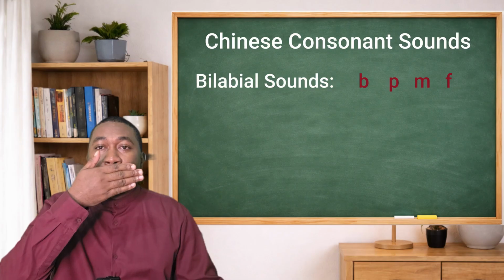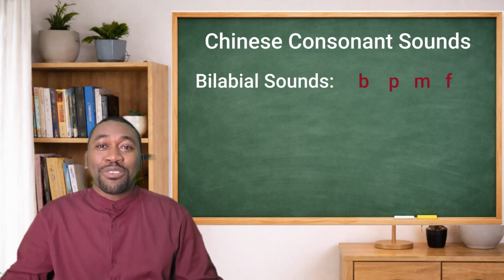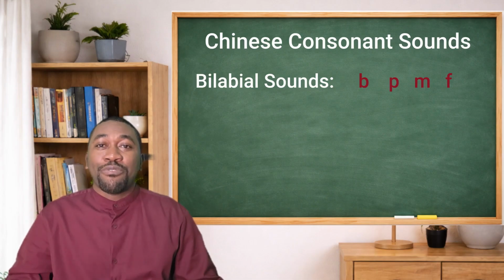Po, po, po. The air is so strong that it is actually bouncing back in my face. So that's how you can tell the difference. Bo, bo, very light air, and po, po, very strong.